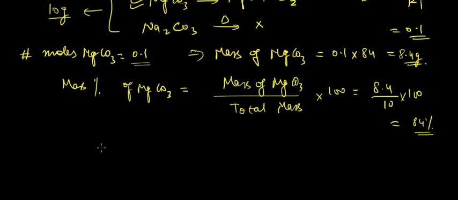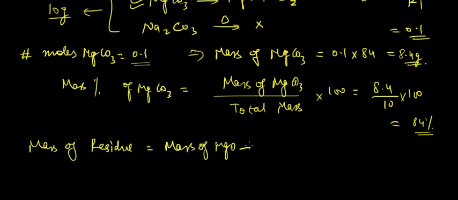Let's calculate the mass of residue also. So mass of residue would be what all compounds would be remaining. That would be mass of MgO plus mass of Na2CO3 in the mixture.